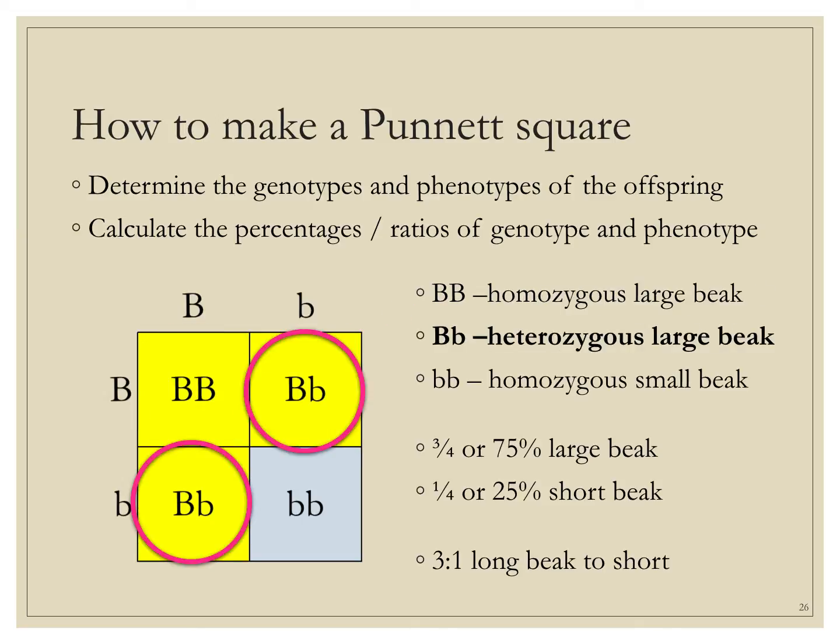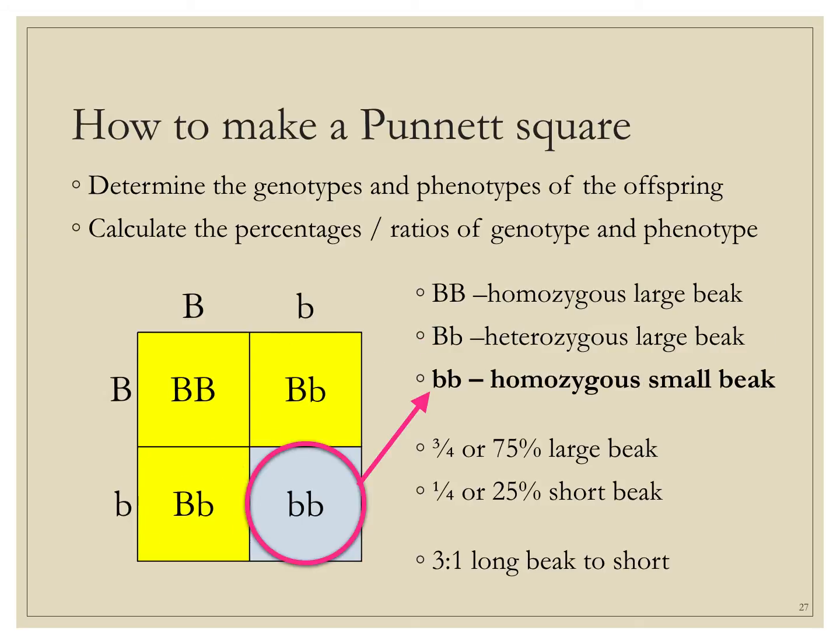Then we have those two squares that have the same genotypes. So big B, little b looks like heterozygous large beak. And then finally we have the two little b's, and that ends up being homozygous for a small beak.